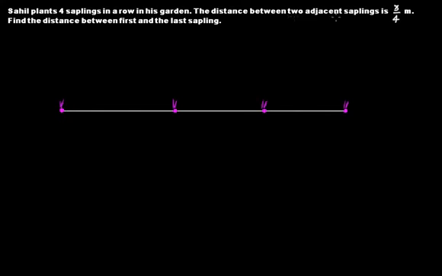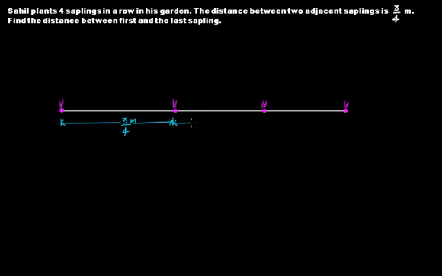The distance between two adjacent saplings is 3 by 4 meter. Now you can clearly see that each distance, the distance between these two saplings, and these two saplings, is 3 by 4 meter. That is equal. So this is 3 by 4 meter.